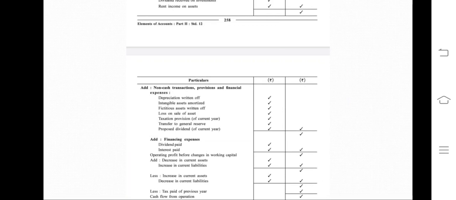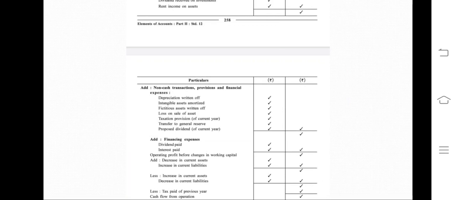Non-cash transactions, provisions and financial expenses will be added. Say for example, depreciation written off, tangible asset amortized, fictitious asset written off, loss on sale of assets, taxation provision of current year, transfer to general reserve, and proposed dividend of current year. So if any of such items are there, they will be added.